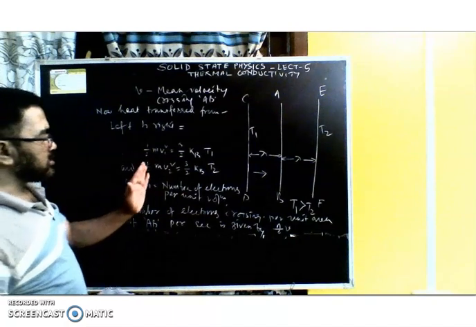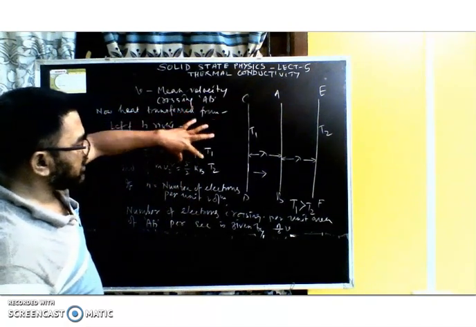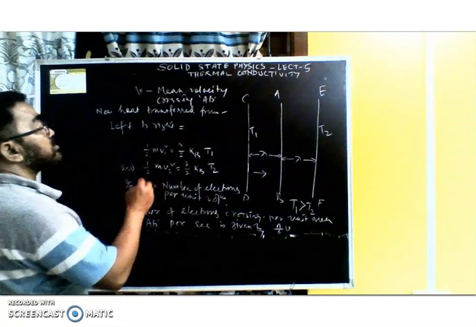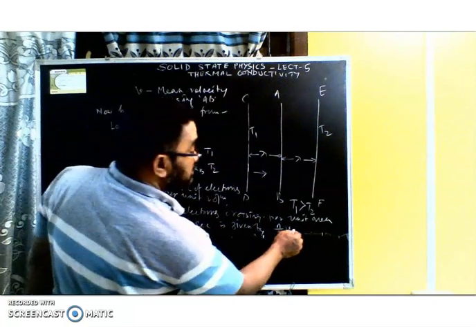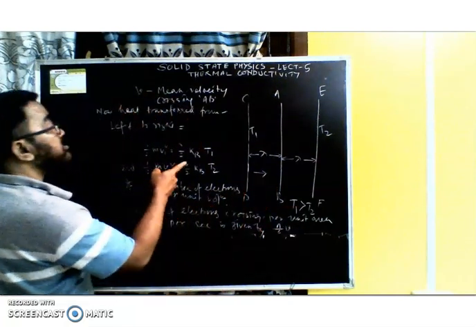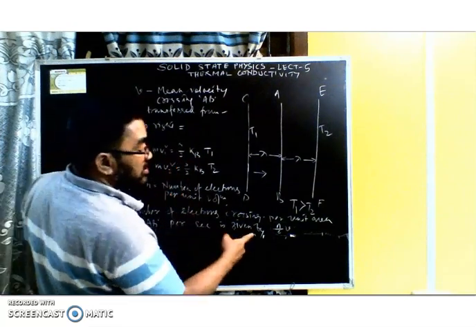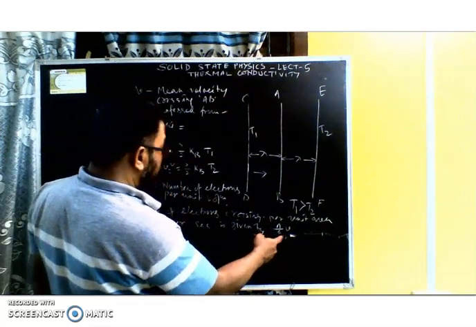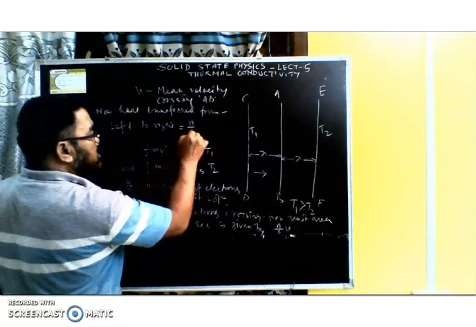What is the amount of heat transfer? So the left side is this one, the right side is this one. So we have to multiply by the total number of electrons. This is only for a single electron. This is the amount, and this is the total number of electrons. So we have to multiply by this.